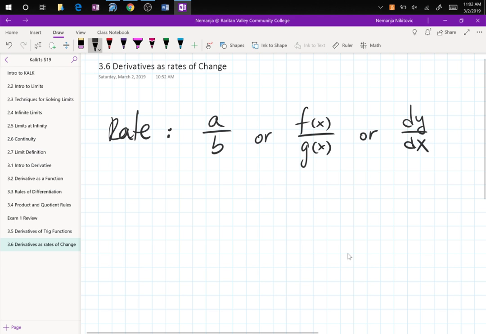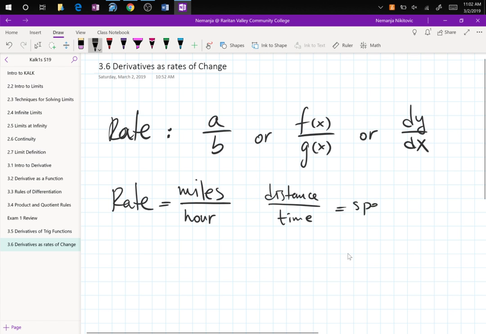You are looking at the speed and it's in miles per hour. So you can think of the rate miles per hour. Now, miles is distance and the hour is time, and you get the speed at which you are driving.